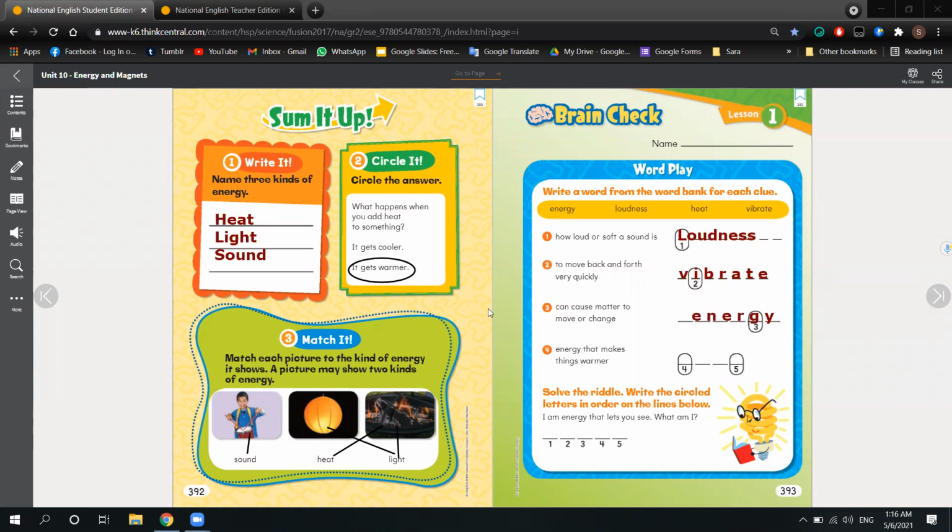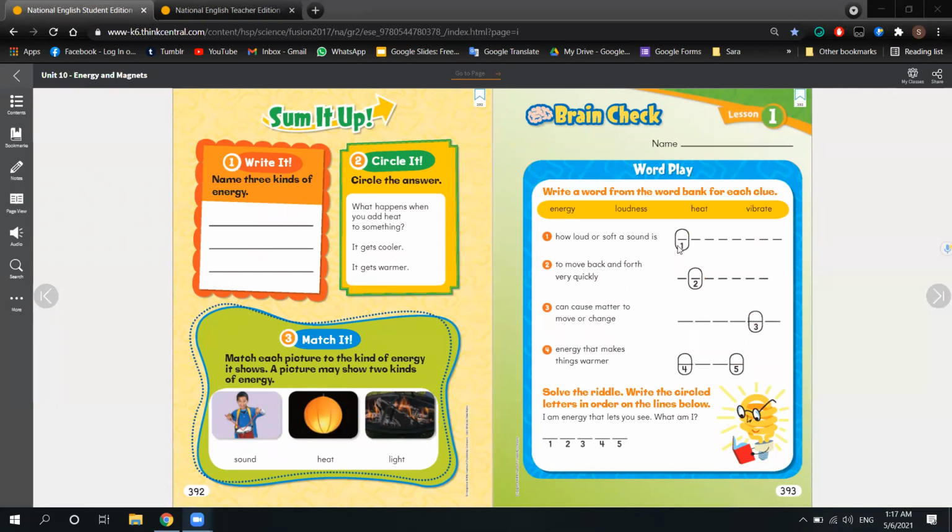And energy that makes things warmer, it is heat. So let's write heat together. Heat. So the word is light. Got it.